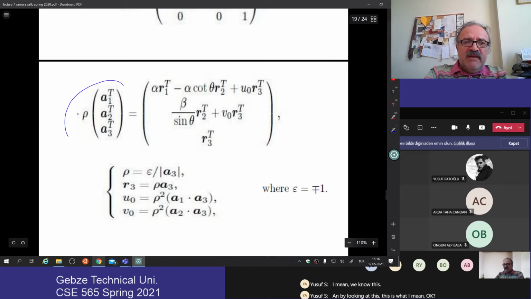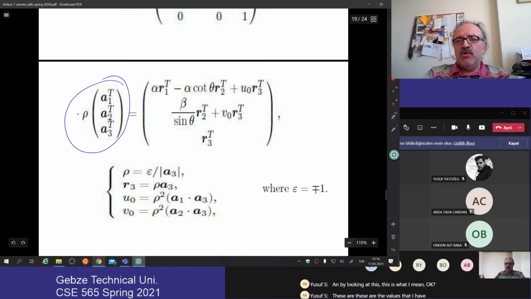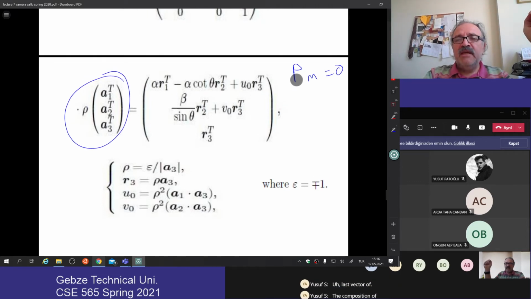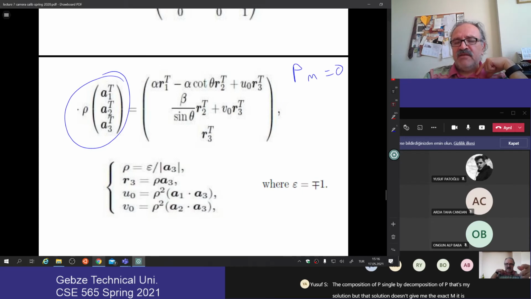These are the values that I have recovered by solving P M equal to 0. I get the last vector of the singular value decomposition of P. That's my solution. But that solution doesn't give me the exact M. It is up to a scale factor. And of those 12 numbers, I took the first 3 by 3.